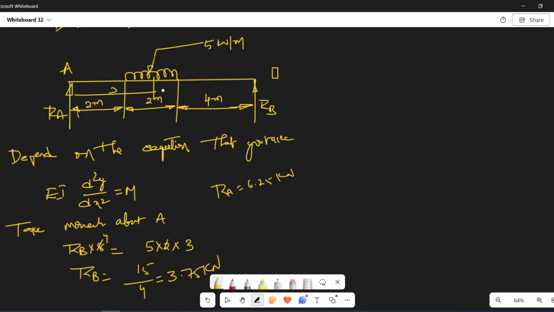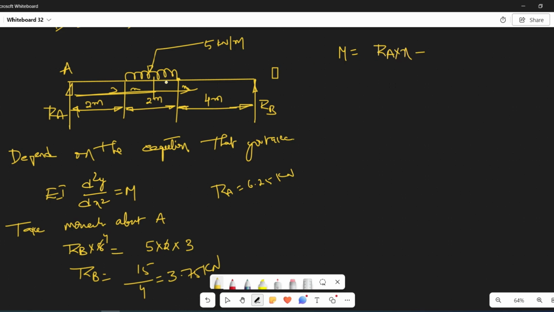Let us take an x here. Let us say this is the location of x, the distance x. Then the bending moment equation would be RA into x minus, because this is a clockwise moment, so this will be positive.